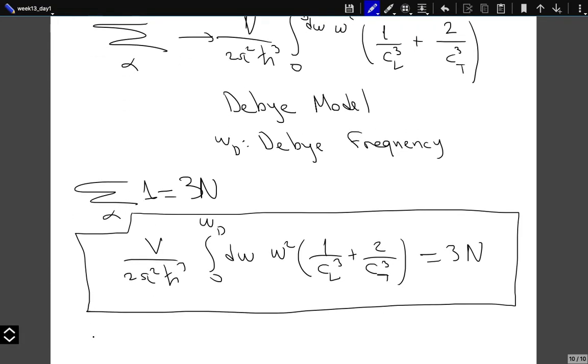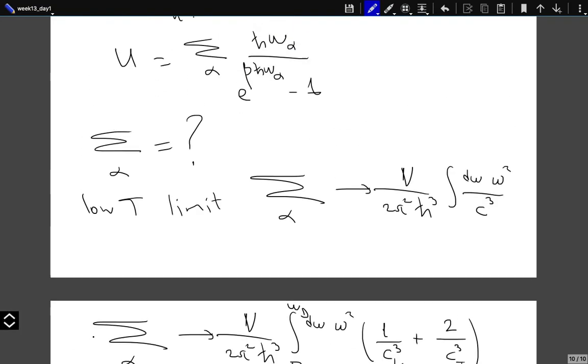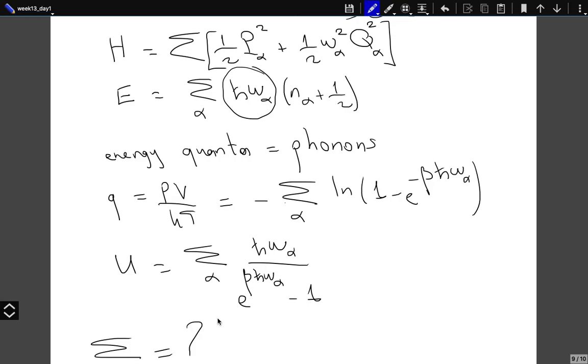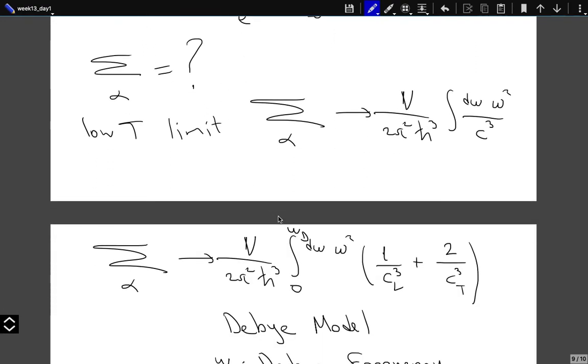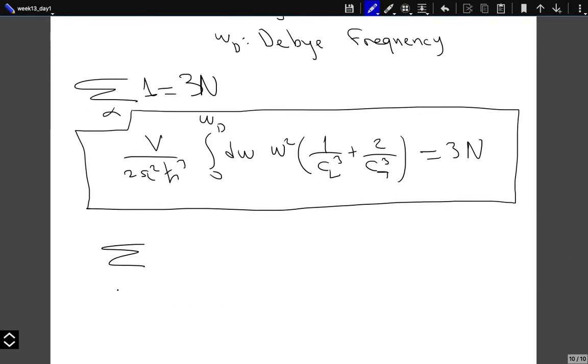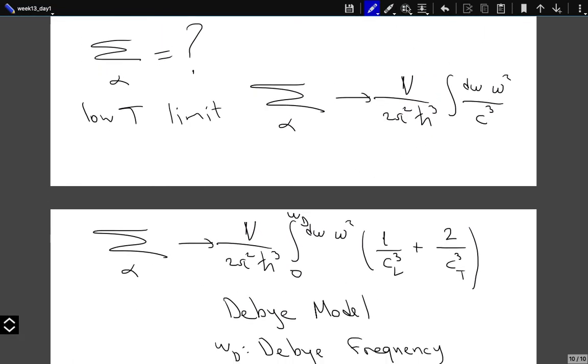Now, of course, this is not the simplest model you can write. The simplest model would actually say that the frequencies, which is the Einstein model, you see sum over alpha can be written in this form.